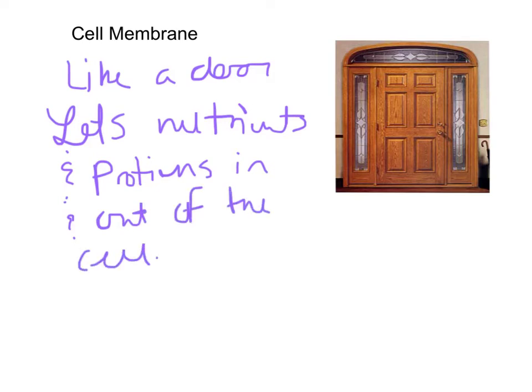And so if we think of it like a door, we know doors open and close, and that's a pretty simple analogy for what a cell membrane does, even though the membrane is really all around the cell. So if we had the nucleus here and then we had all this other stuff here, the whole thing would act as a door.